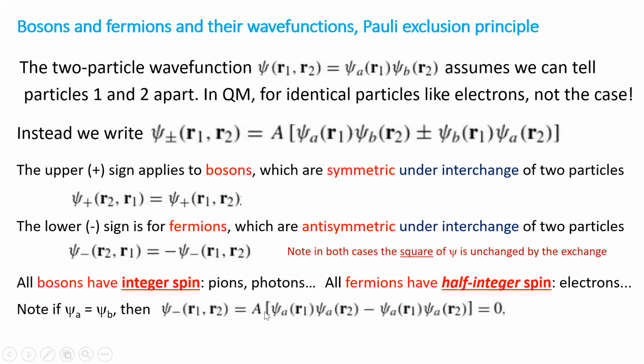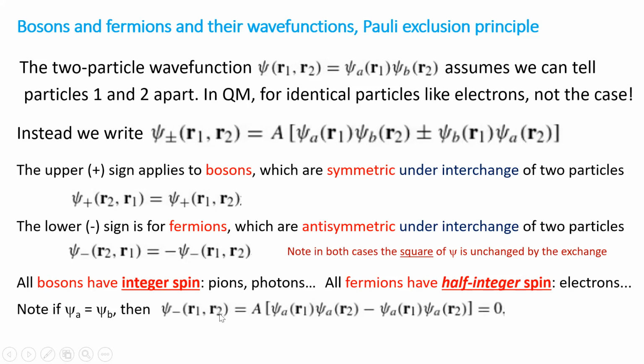What happens here? Well, if we have the minus sign, then we have psi A R1 psi A R2 minus psi A R1 psi A R2, which is 0. So we don't get any wave function at all, and therefore it can't be normalized. It doesn't give any probability density.